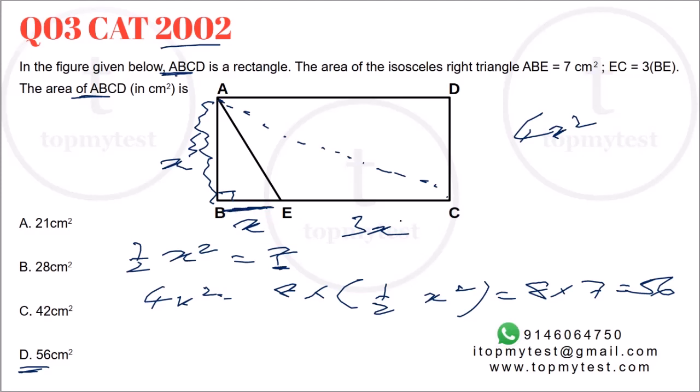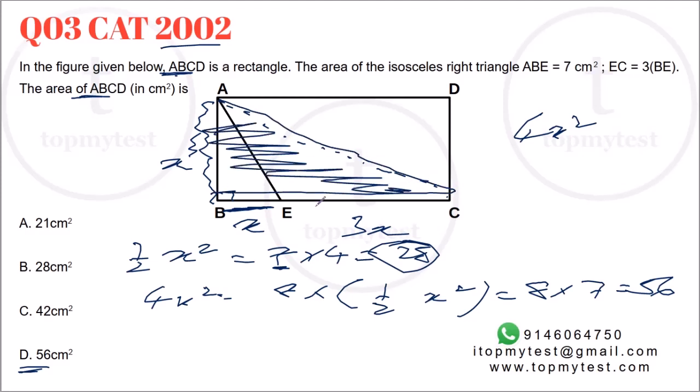So for a base of x and height of 4x, area will be 7 into 4, which is 28. What is ACB? That's half the area of the rectangle. Half the area of the rectangle will be 28. Full area will be 56. Either way, under 2 minutes to solve this question.